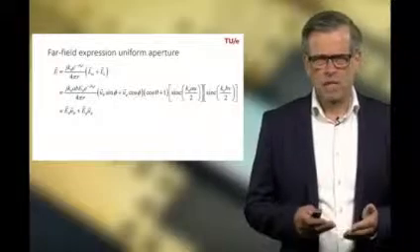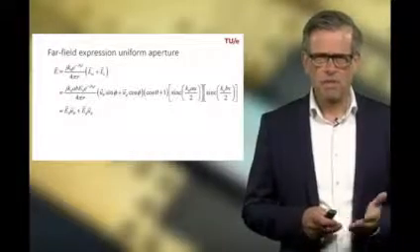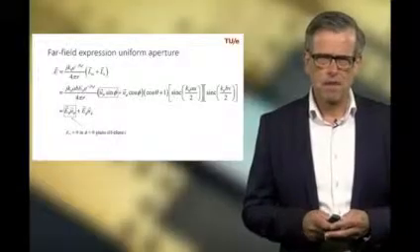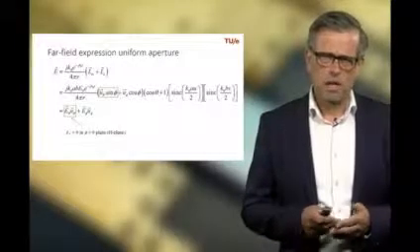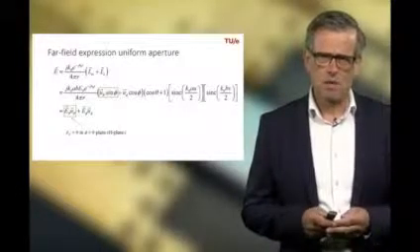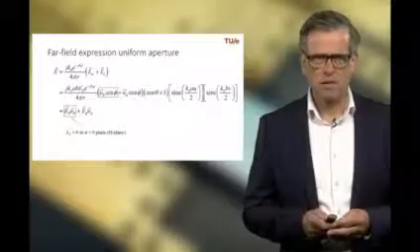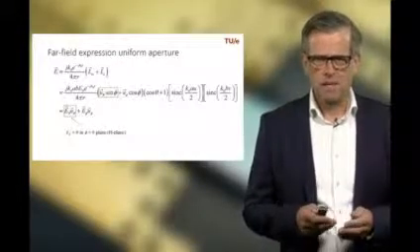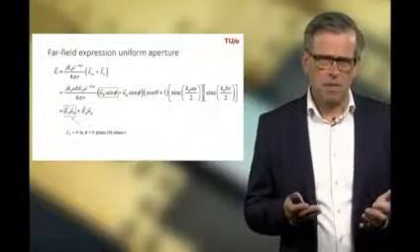And we recognize two components, one in the theta direction, E theta, which by the way is 0 in the phi 0 plane, as you can see by substituting phi 0 in sine phi, and that's called the H plane.